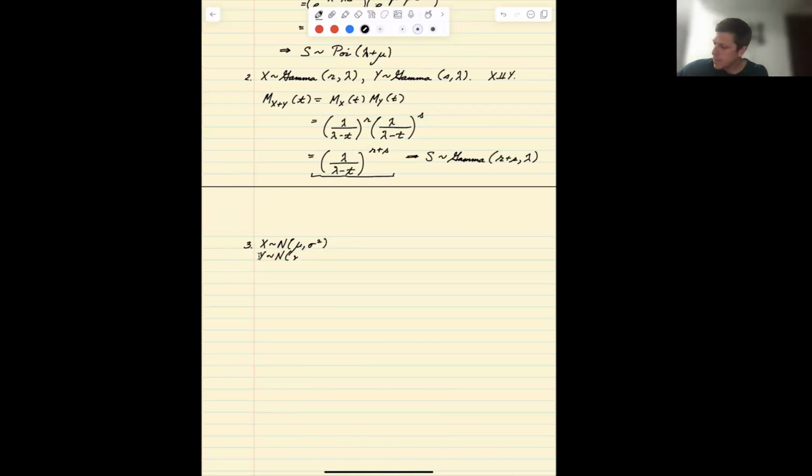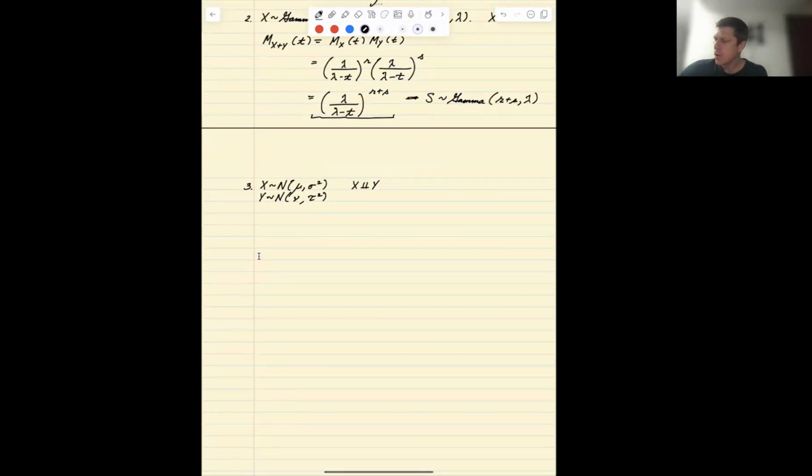And then finally, let's have independent normal random variables, one with mean mu and variance sigma squared, one with mean nu and variance tau squared. Then again, it's the moment generating function of X times the moment generating function of Y. Well, what do we get from this?